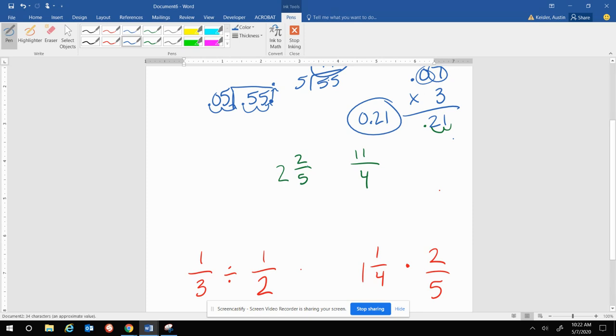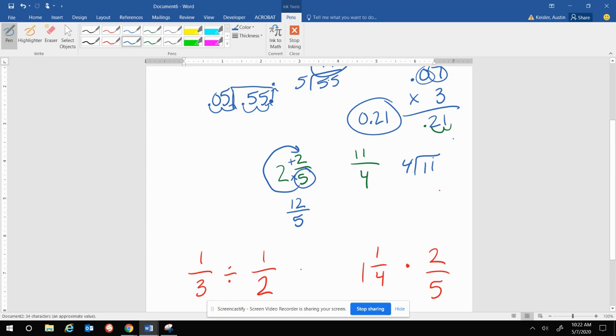We're going to look at how to convert mixed numbers to improper fractions really quick. So if I wanted to change 2 2/5, I'm going to do what we call Texas. So I can do 5 times 2 is 10, and 10 plus 2 is 12. I'm going to keep the denominator the same. So 2 2/5 is the same thing as 12/5. And then 11/4, if I want to change that into a mixed number, I'm going to divide, but instead of getting a decimal, I'm going to stop and actually make it a fraction.